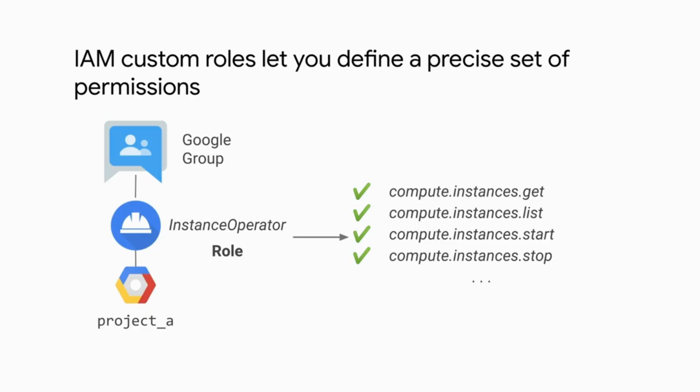Custom roles allow me to do that. A couple of cautions about custom roles. First, if you decide to use custom roles, you'll need to manage the permissions that make them up. Some companies decide they'd rather stick with the predefined roles. Second, custom roles can only be used at the project or organization levels. They can't be used at the folder level.